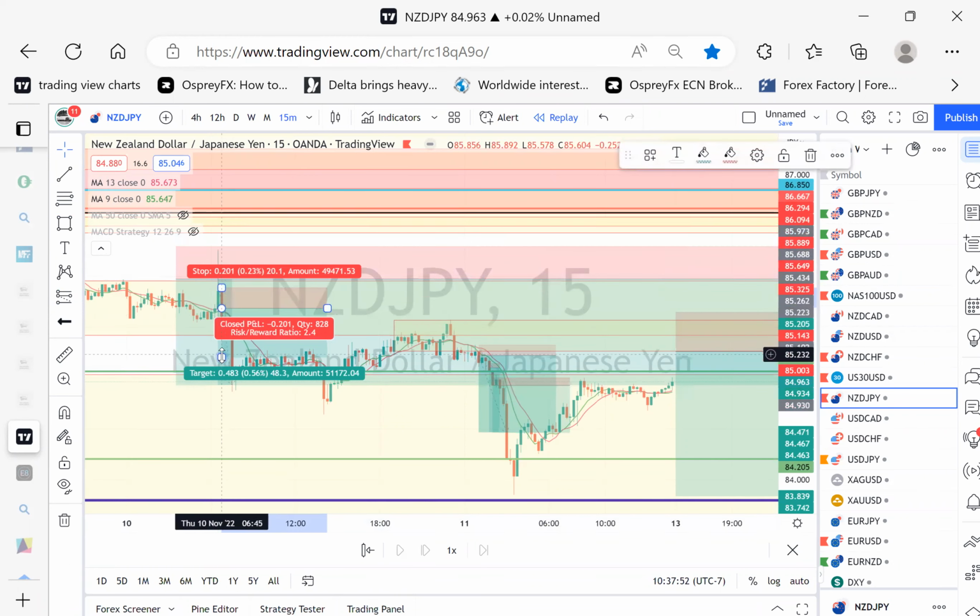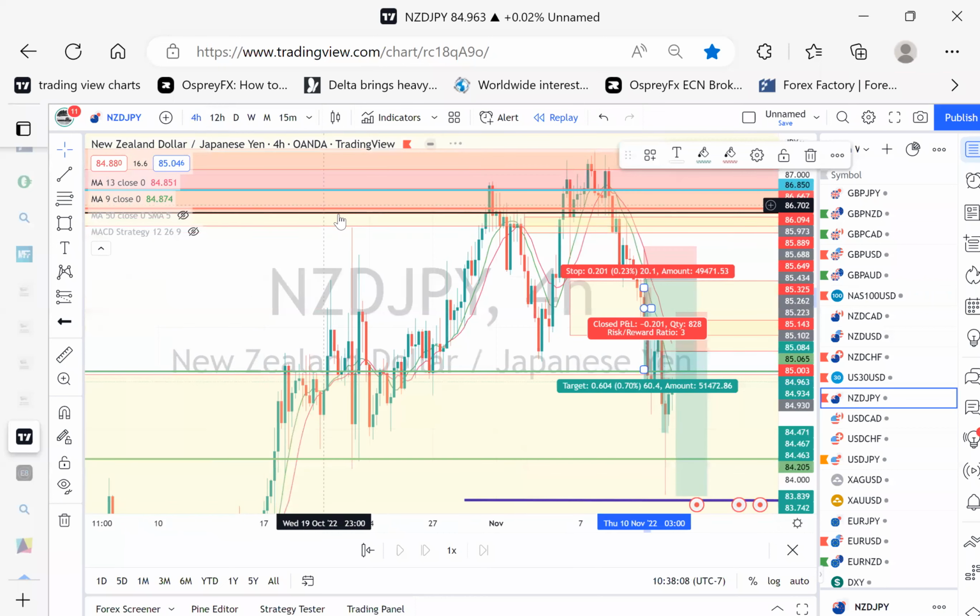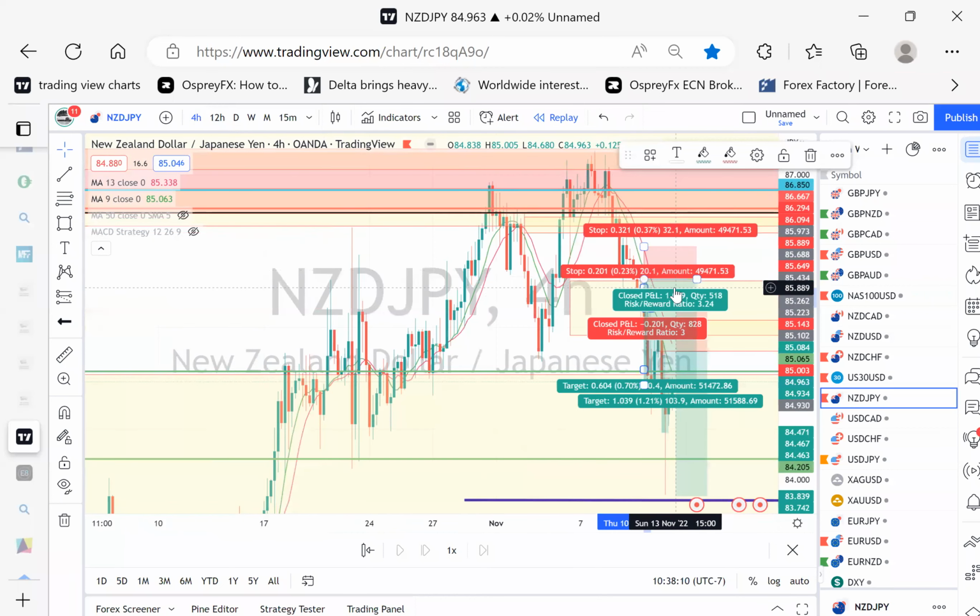So this second entry in the same position is going to give you a 3% gain on this. That first entry would have given you a 3% gain.